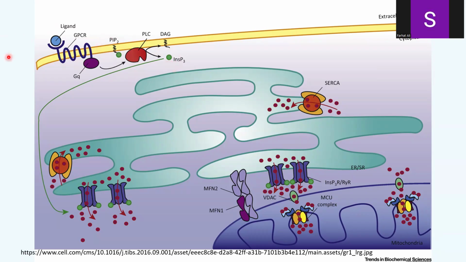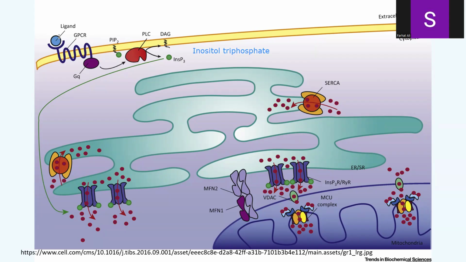This is called inositol triphosphate. It is actually a part of the polar head group of the phospholipids.